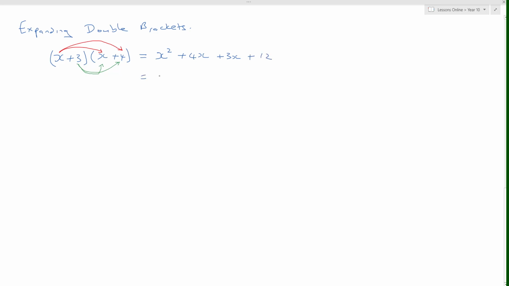Now, we've got two like terms in the middle, so we've got x squared plus 7x plus 12.